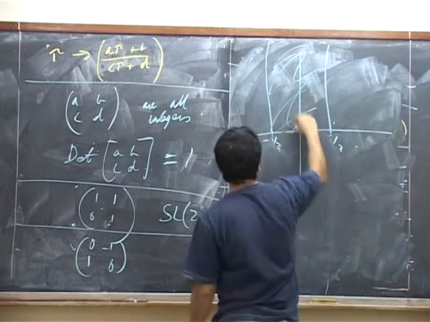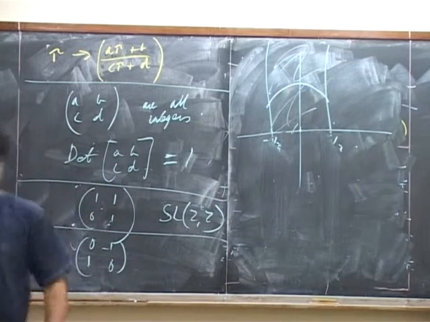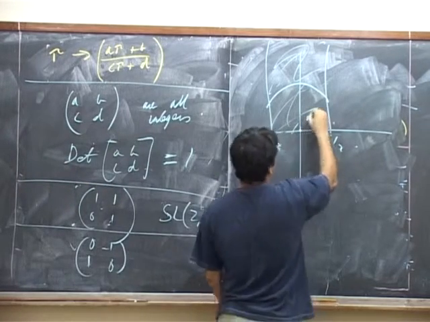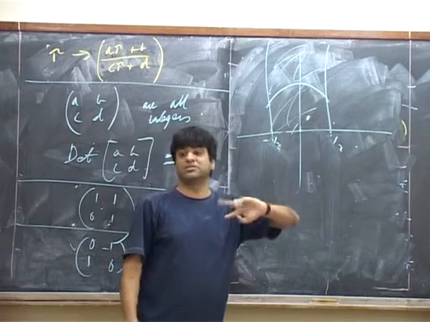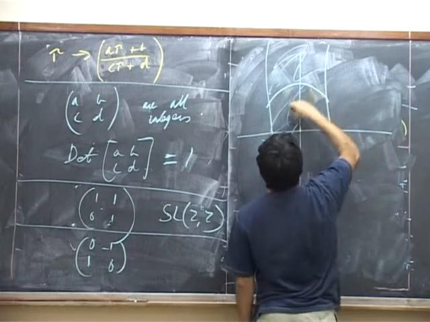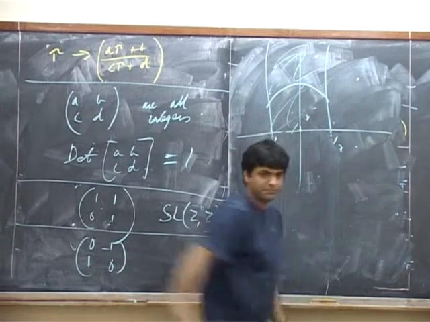So let's draw the circle of modulus of tau equals 1. Suppose you have something inside. If you act on it with tau goes to minus 1 by tau, you get something with modulus of tau greater than 1.